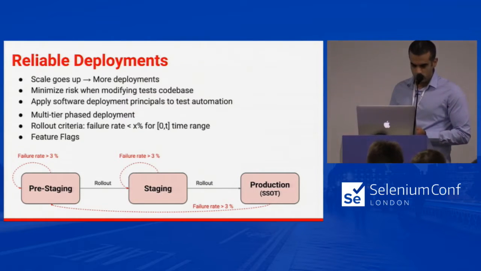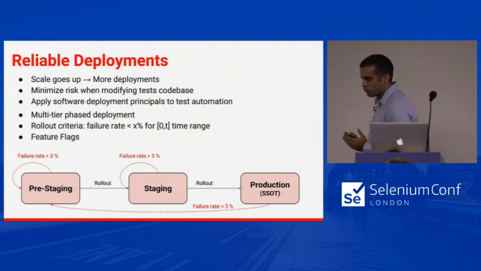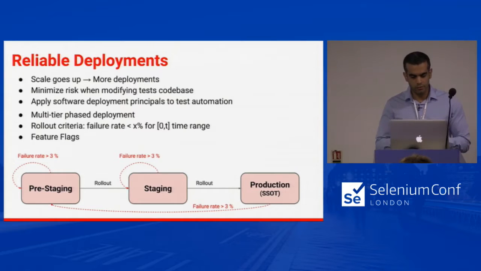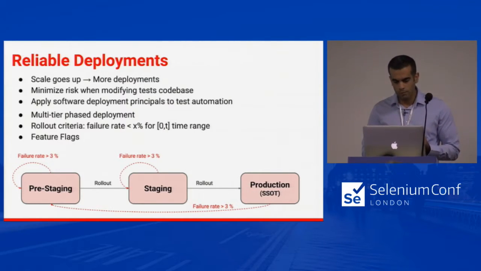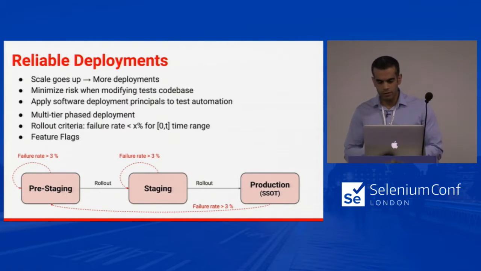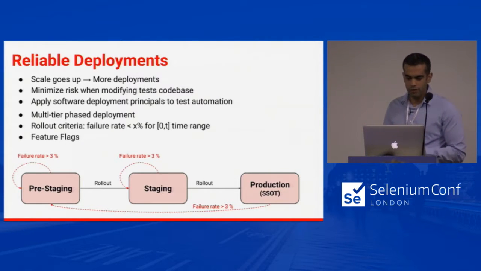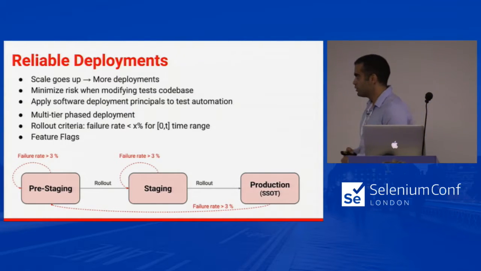And we have also implemented another idea of feature flags, such that if I add new functionality into our test, I will usually wrap it inside a feature toggle. This will allow me to disable this new functionality in my test if I needed to deploy this new test fast and didn't have enough time to test it on the pre-staging and the staging environment.